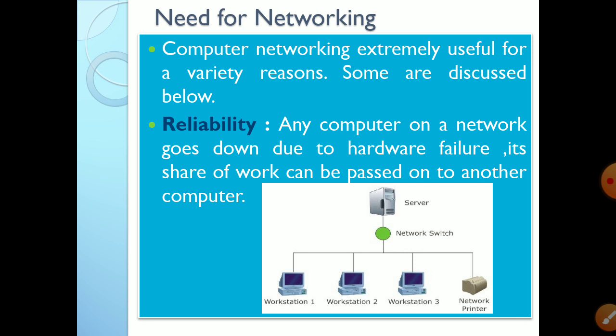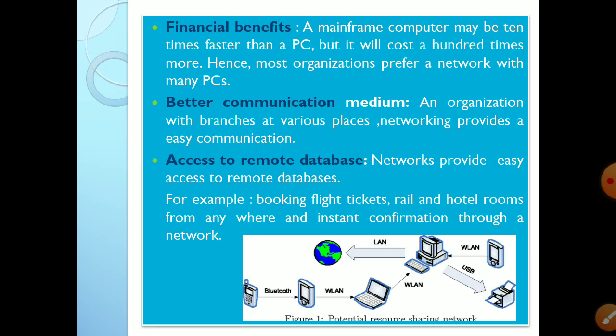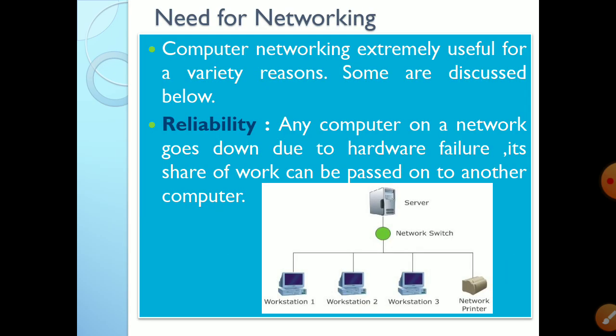In this reliability diagram, if you observe, in the middle there is a server, and from the server there is a network switch. Then the network switch is connected to workstation 1, workstation 2, workstation 3 and a network printer.